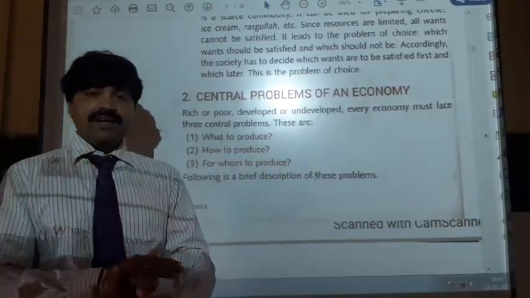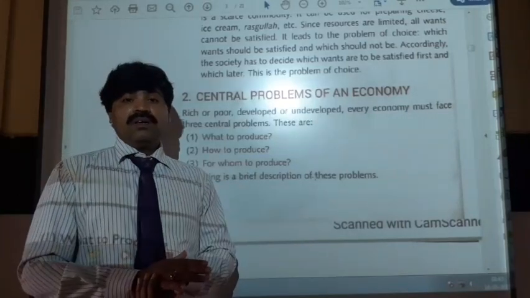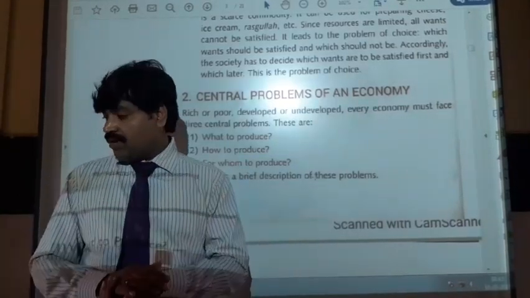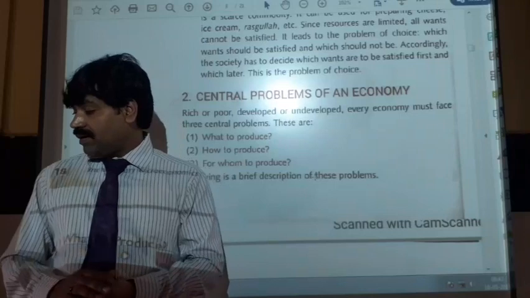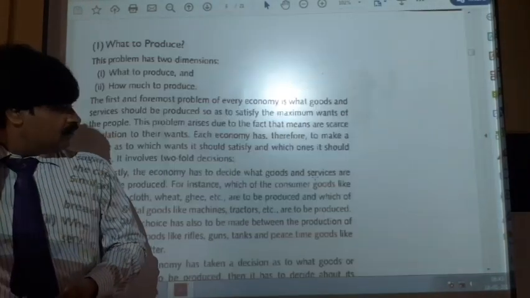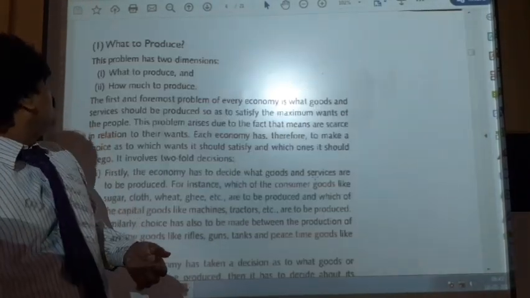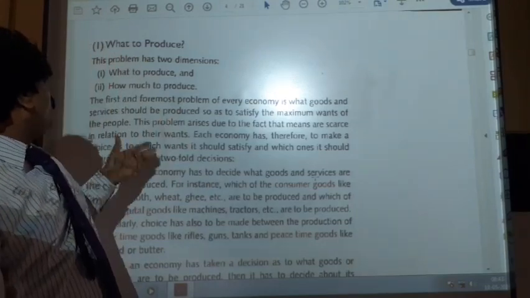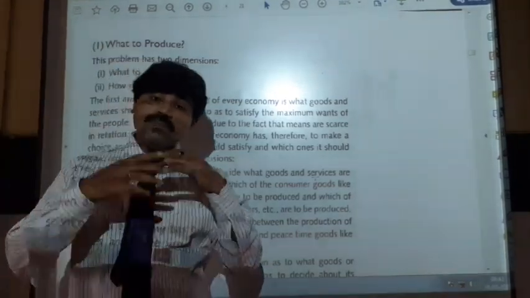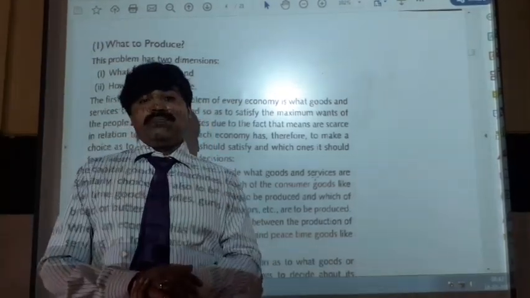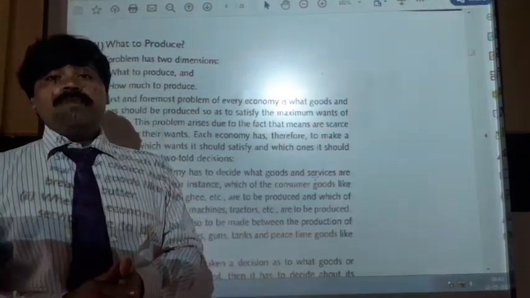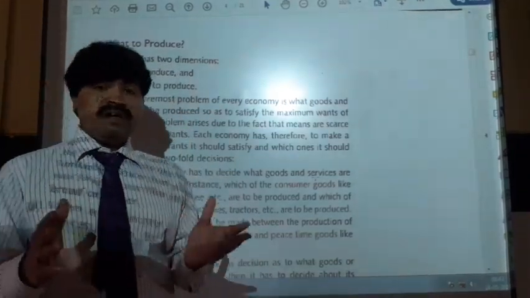First problem is that what to produce and in what amount or in what quantity. In every economy, there is a problem of what to produce and in what amount.